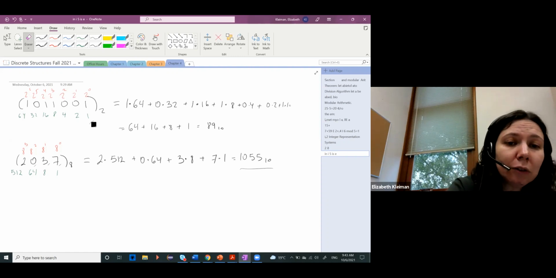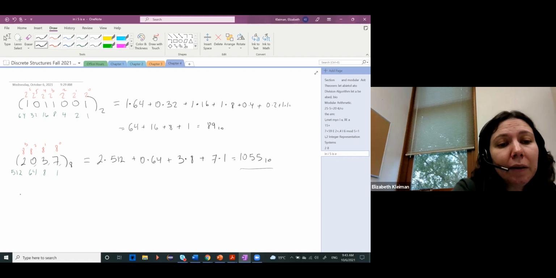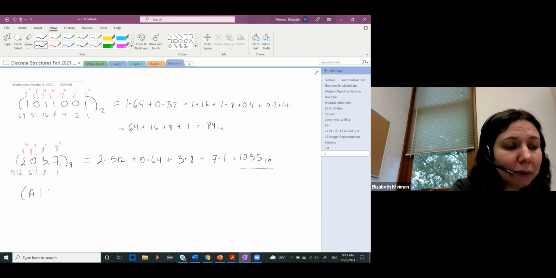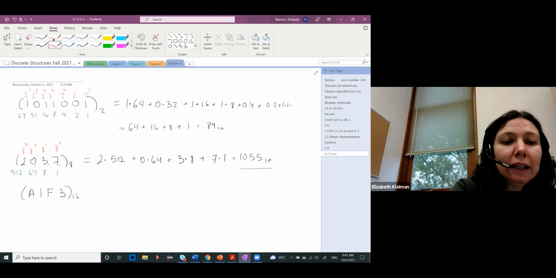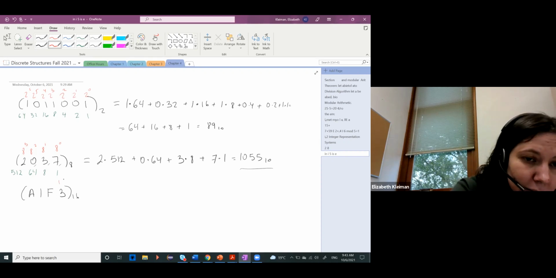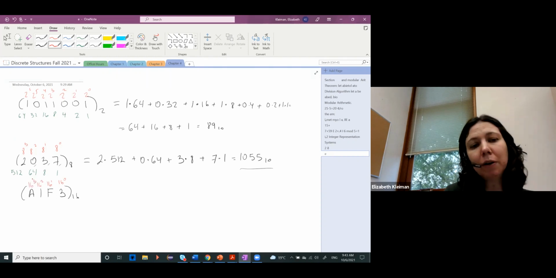Now we're going to convert hexadecimal. Remember, in hexadecimal, we also use letters because we couldn't represent all 16 different digits using numbers. So in here, I have base 16. Again, this is 16 to the power 0, 16 to the power 1, 16 to the power 2, and 16 to the power 3.